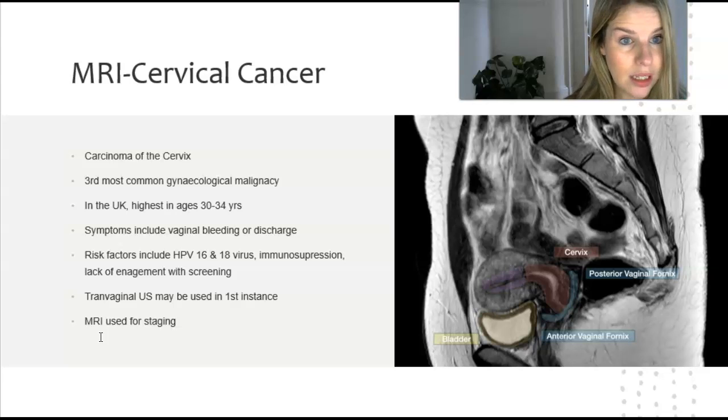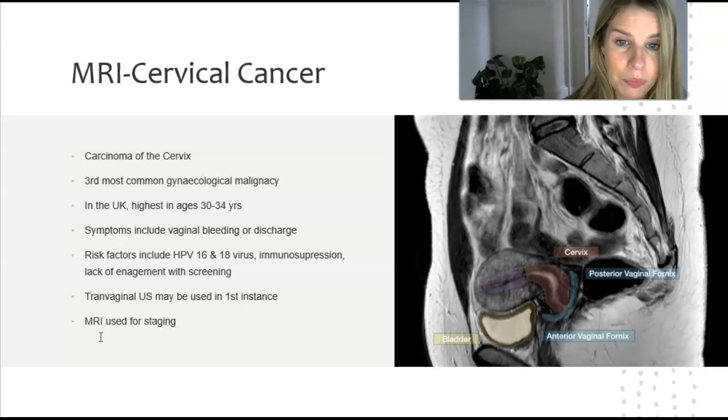It doesn't mean that you will get it, but it means you're more at risk. Kids these days get the HPV vaccine, which is fantastic, but in my day, and probably in some of your days, we didn't get that option. Other risk factors are if you're immunosuppressed.